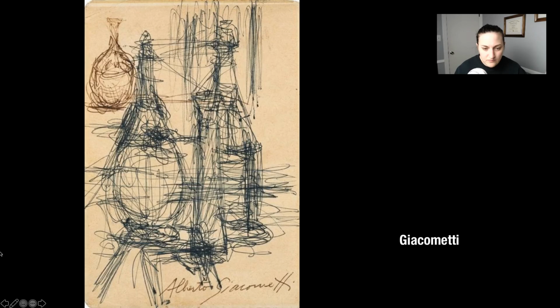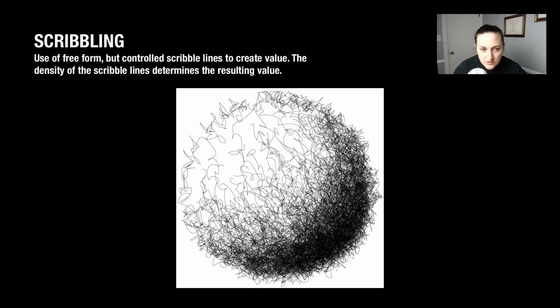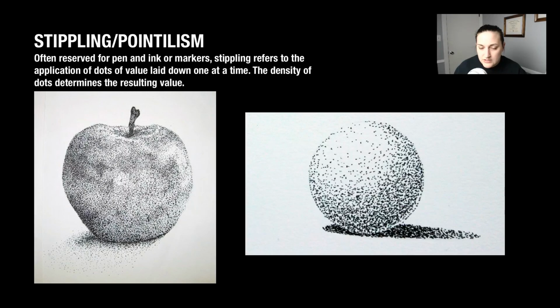Okay. So that is the end of the mark making lecture. Remember, we had scribbling, stippling or pointillism, that's using the tip of the marker, the tip of the pen, in dots. And the denser they are, the darker that value is.